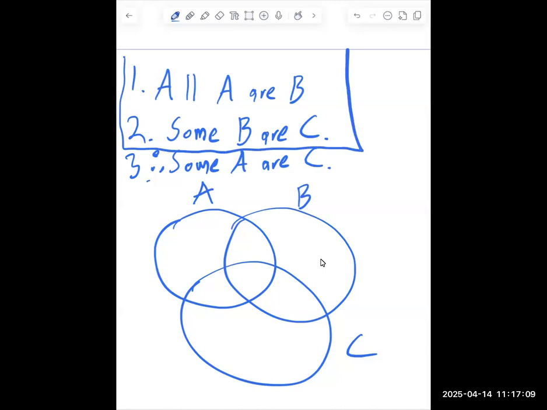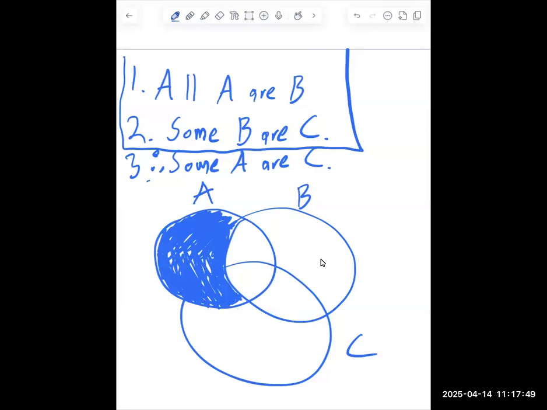All right. All A are B. All right. So we have to black out all of A. Now we look at our conclusion, right?